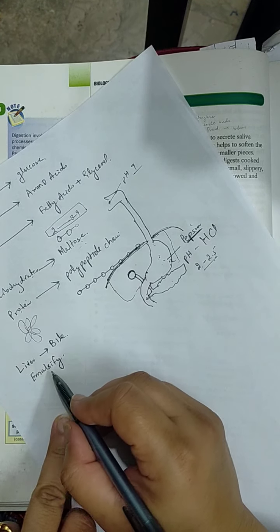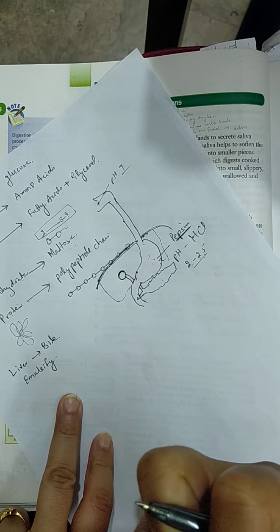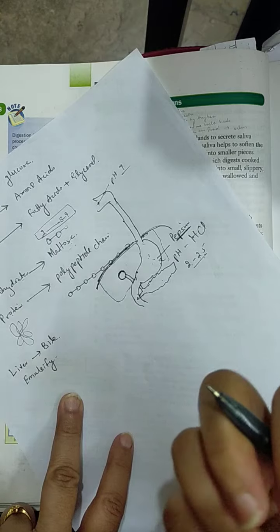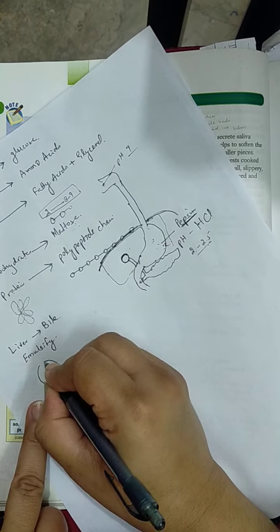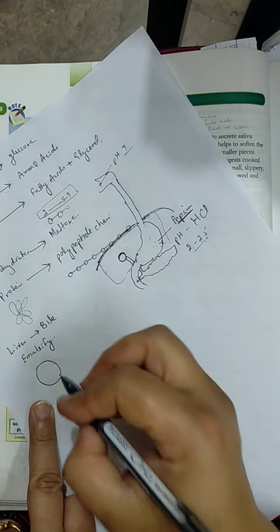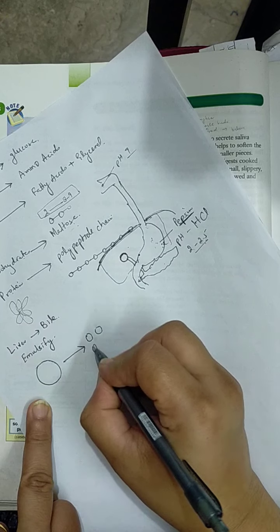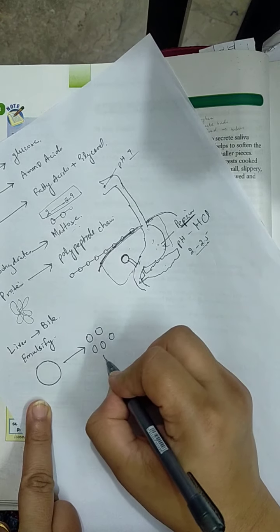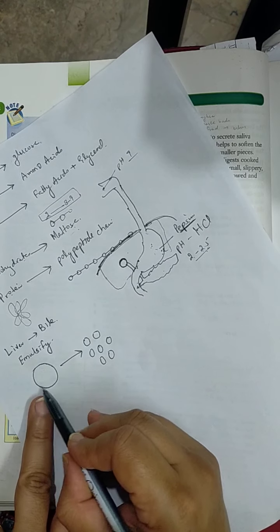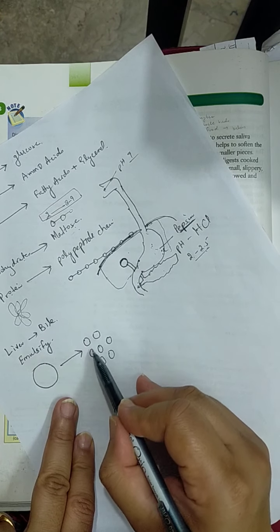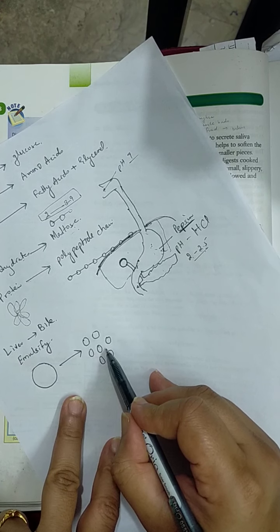Emulsification of fats means that if we have taken anything oily or fat-like in our food, it converts large fat material into small or minute globules or droplets of fat. So what happens by this? When a large thing is broken down into smaller things, the surface area to volume ratio increases.